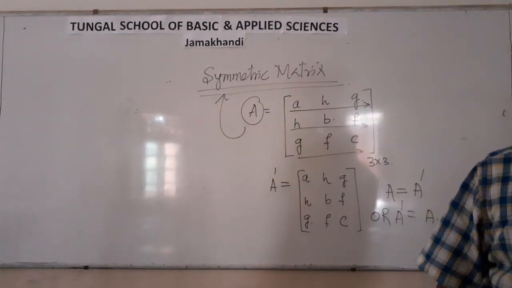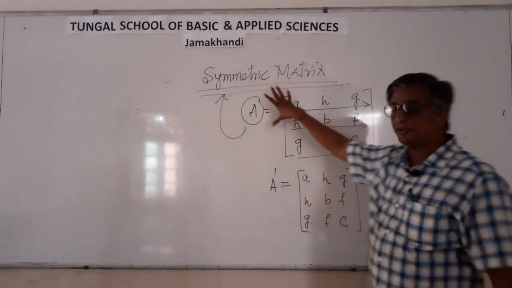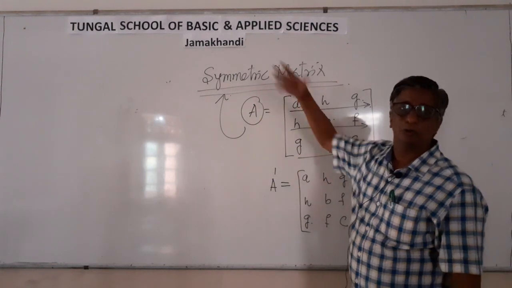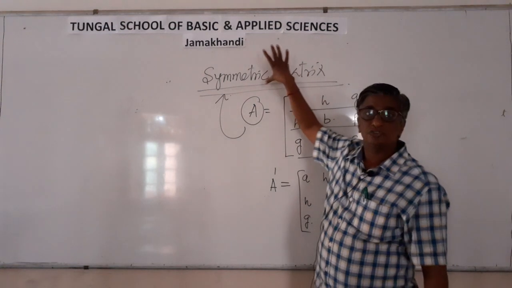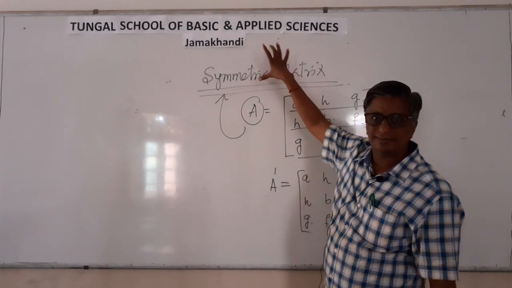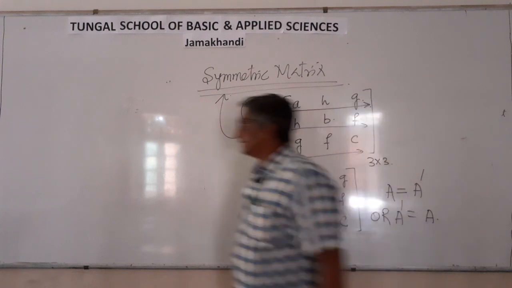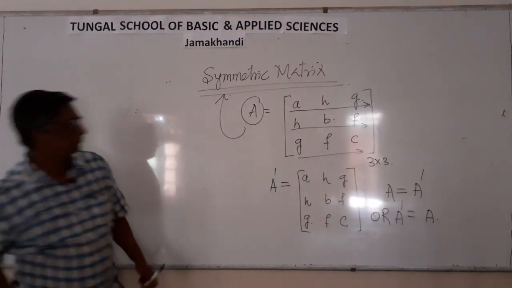Do you understand? If the transpose of a matrix is the same as the original matrix, then that matrix is known as a symmetric matrix. Let us take the definition.